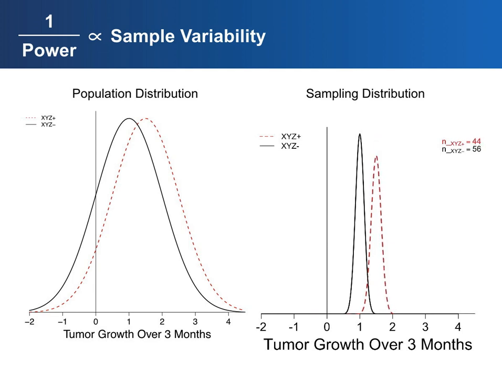If the frequency of the XYZ mutation were as low as 10%, then the distribution of the sample mean for the XYZ positive group would be much wider. And then again, you're going to have a lot more overlap between those distributions, and you're going to have much lower statistical power.